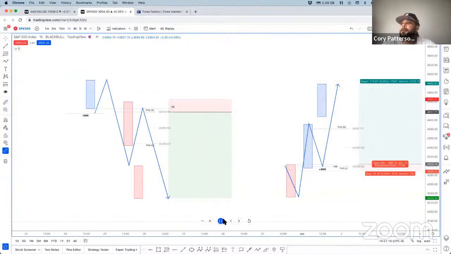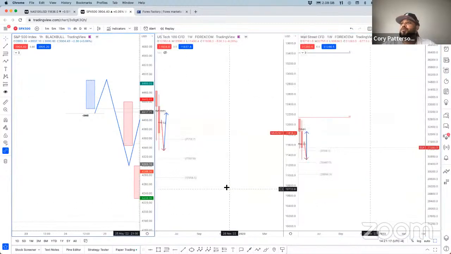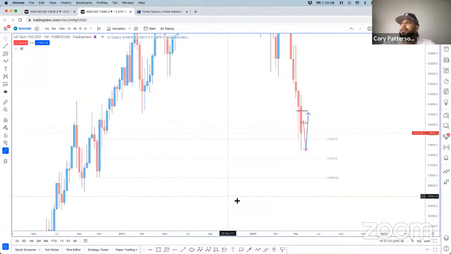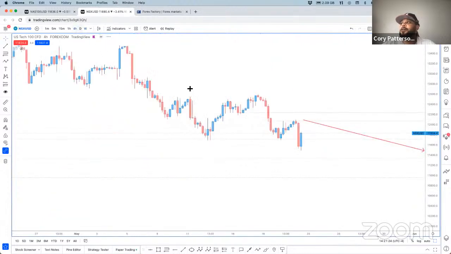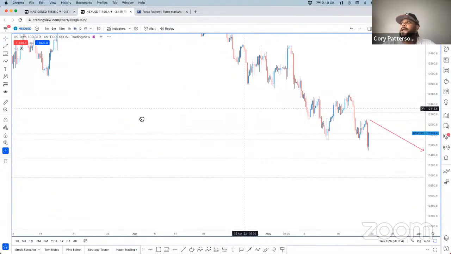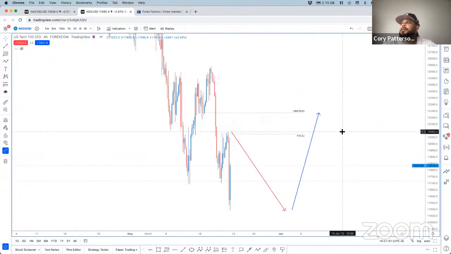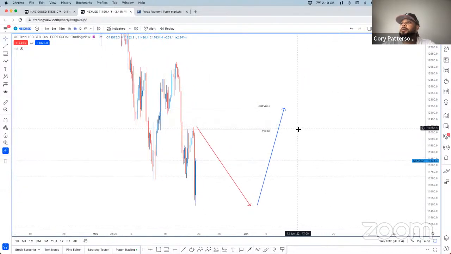And then NAS. Let's go to the 4-hour chart. Just the daily.